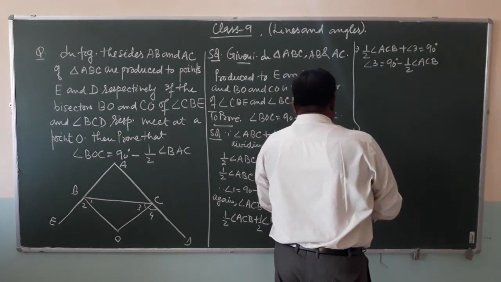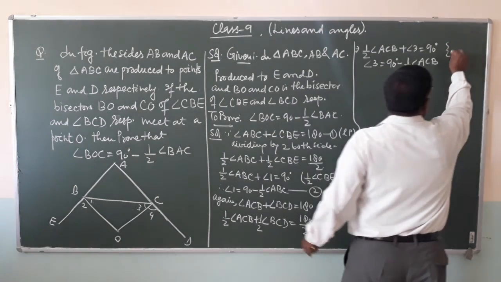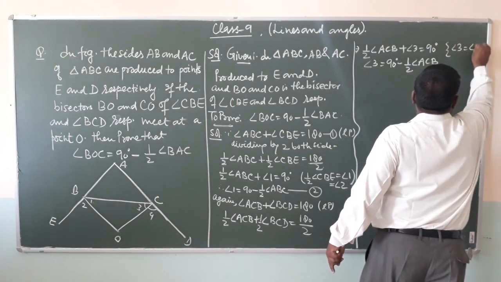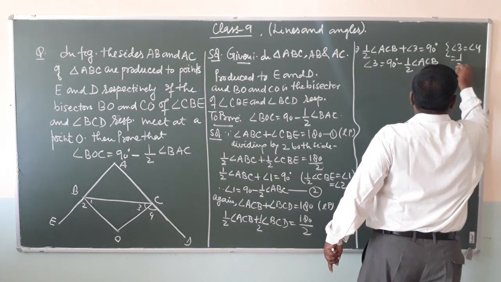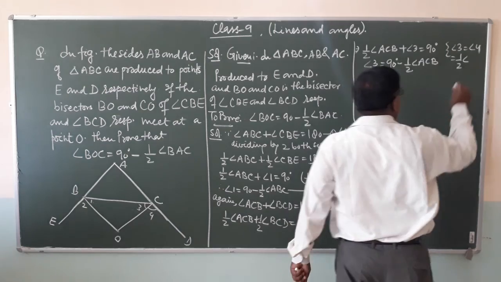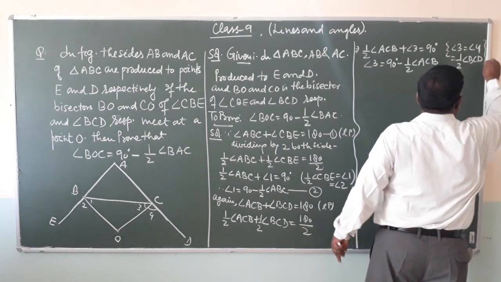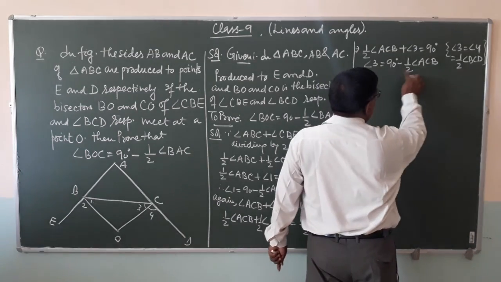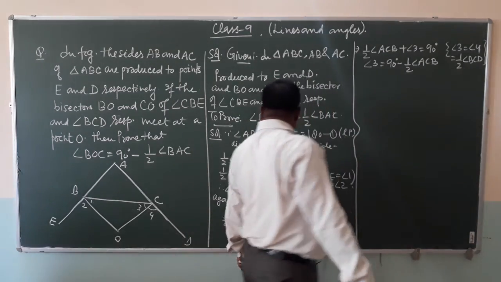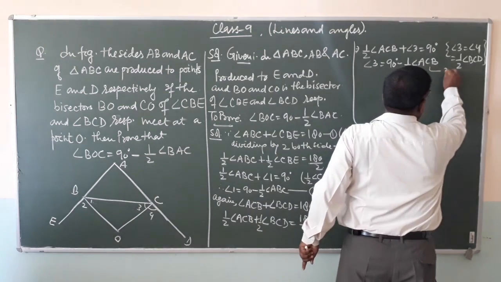Angle 3 is equal to angle 4, which is equal to 1 by 2 angle BCD. This is equation number 2, and this is equation number 3.